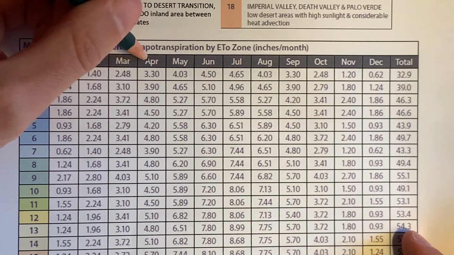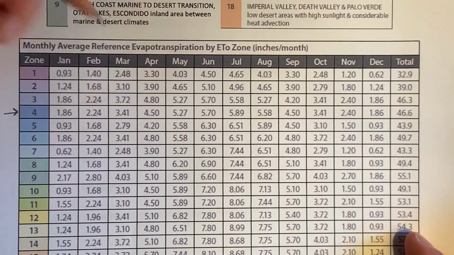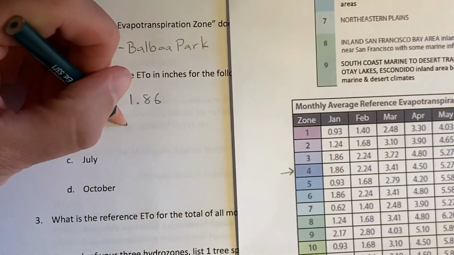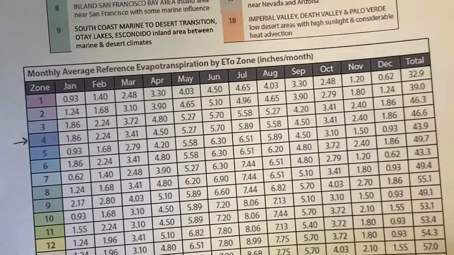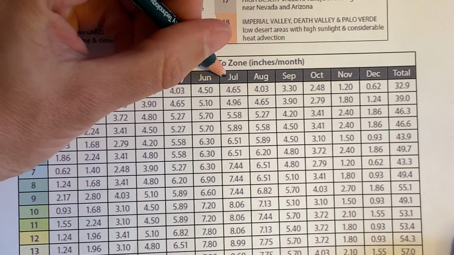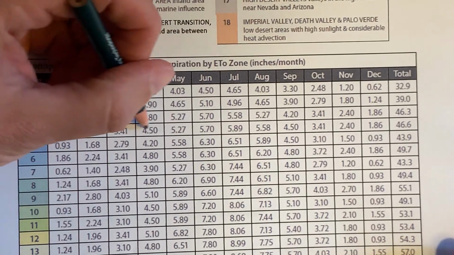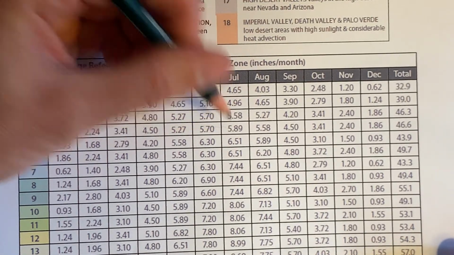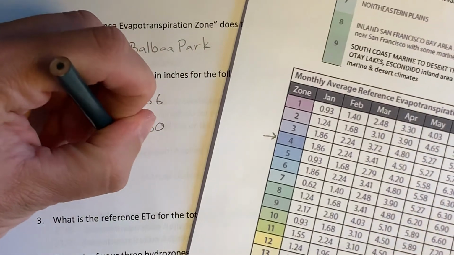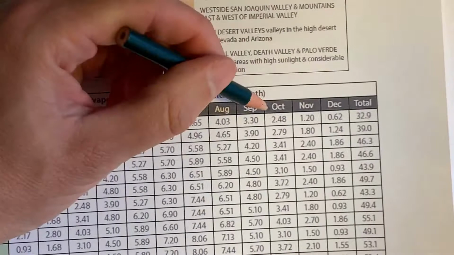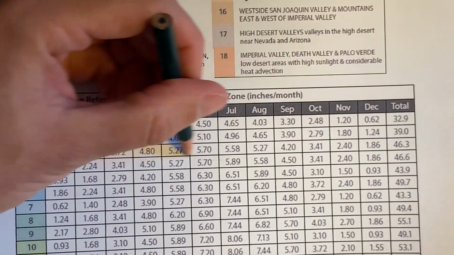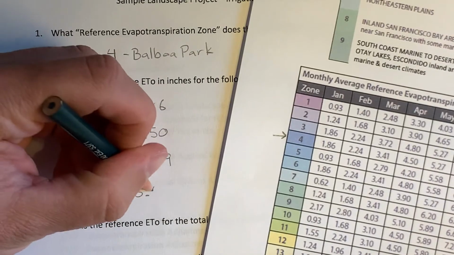For April, it is 4.50. For July, it is 5.89. For October, it is 3.41.